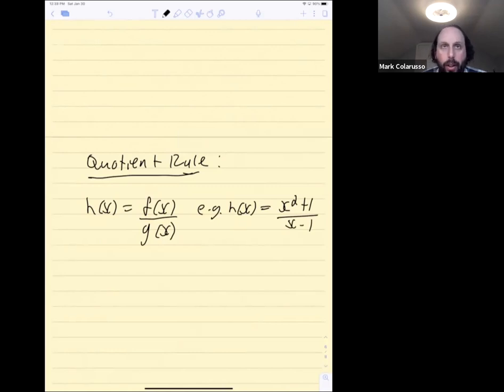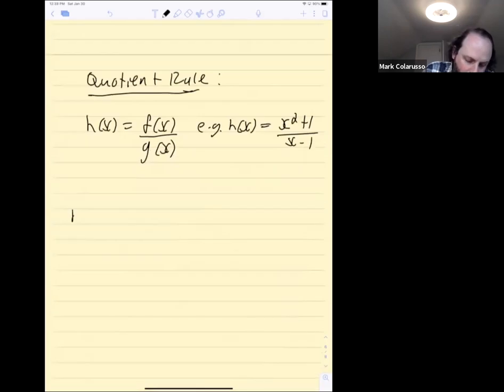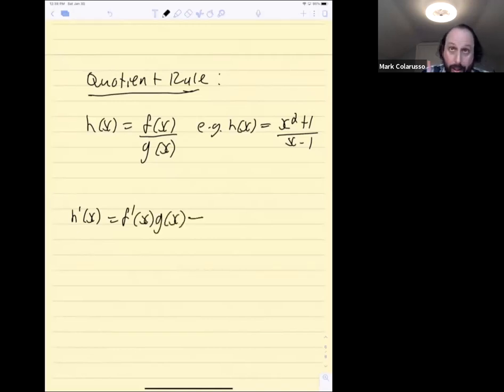So how do you handle this? The formula is the following. The derivative of the quotient is the derivative of the numerator, or the top, times the bottom, minus, and that's really key, minus the derivative of the bottom times the top, all over the bottom squared.